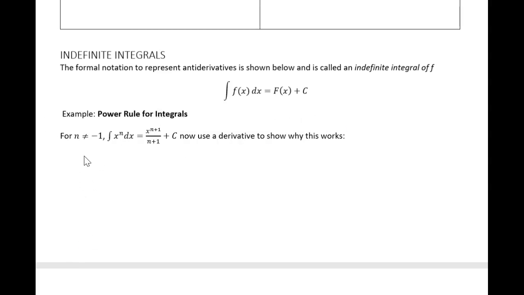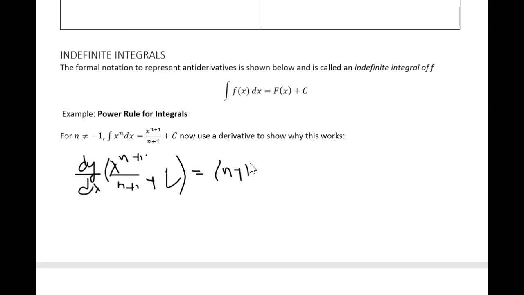We're going to take dy dx of x to the n plus 1 over n plus 1, plus C. With this, we'll apply the power rule, and we'll bring the n plus 1 forward.